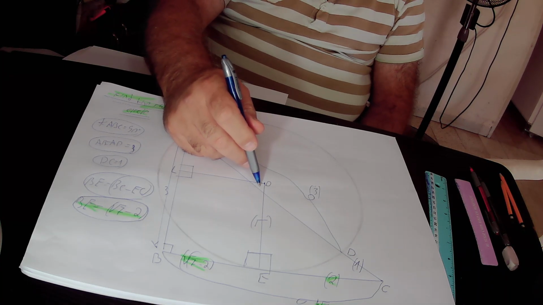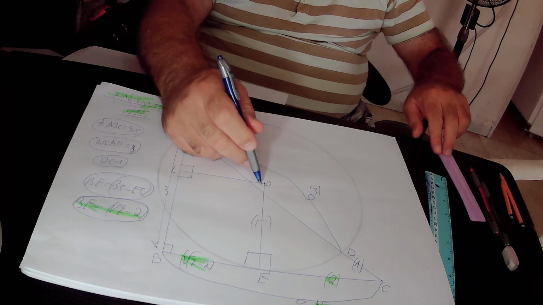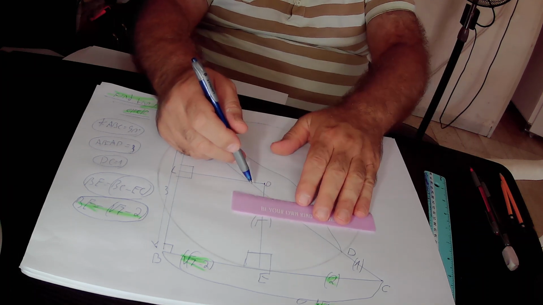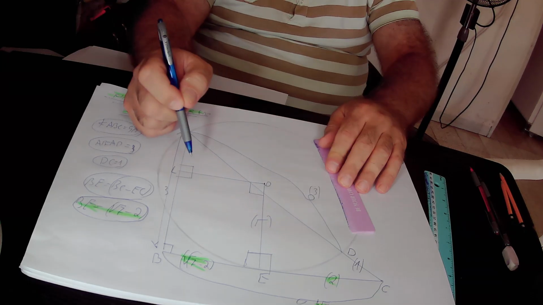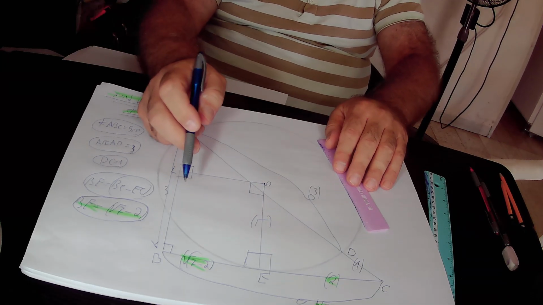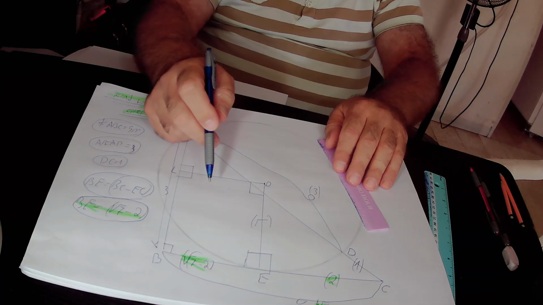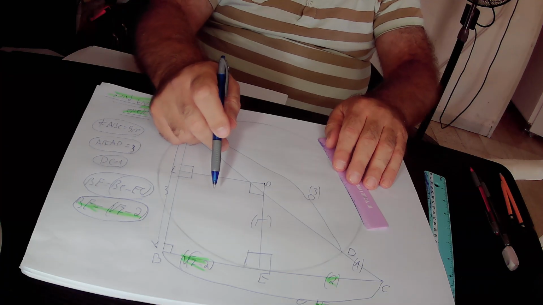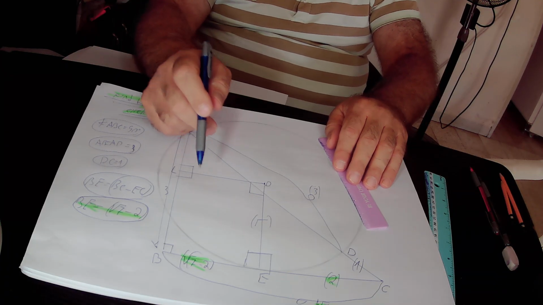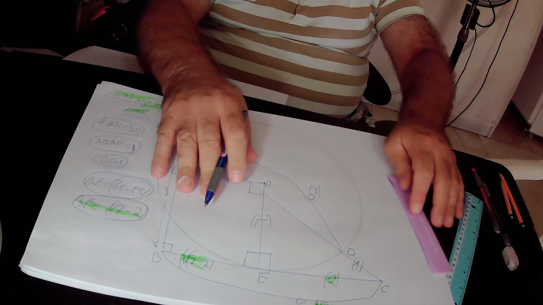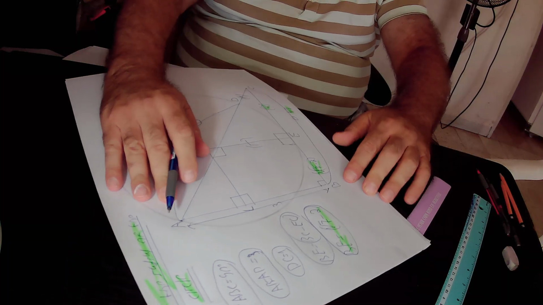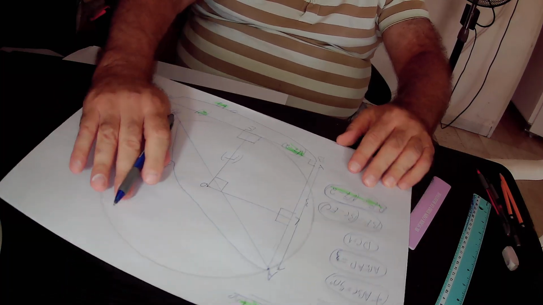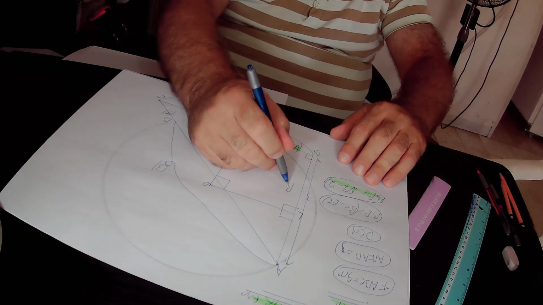Therefore this fourth angle must be 90 degrees. So quadrilateral LOEB has 4 right angles, and therefore it is a rectangle.